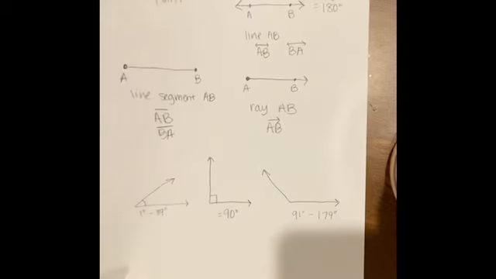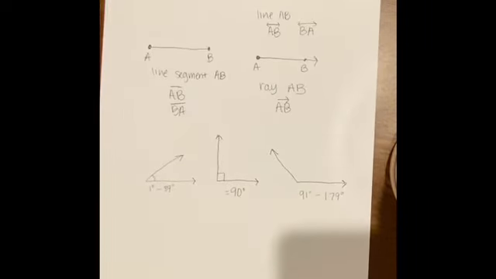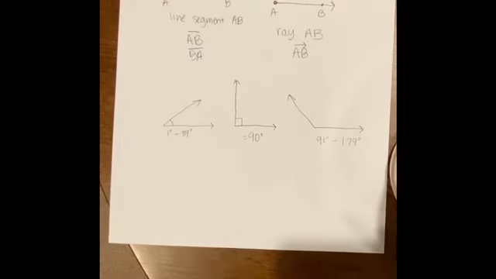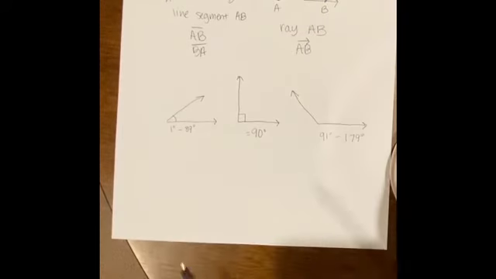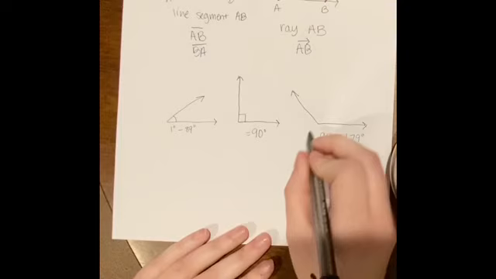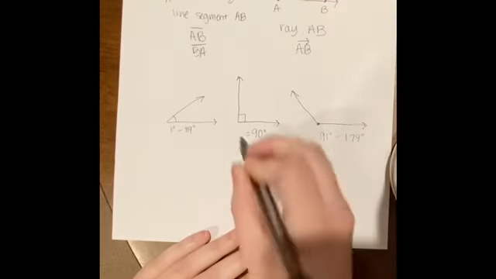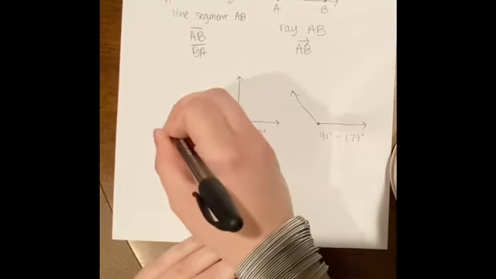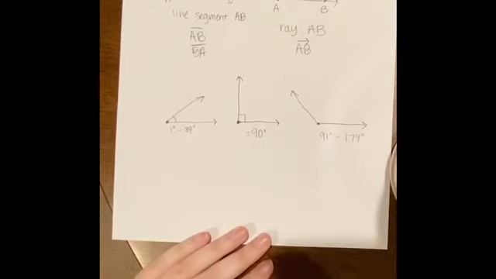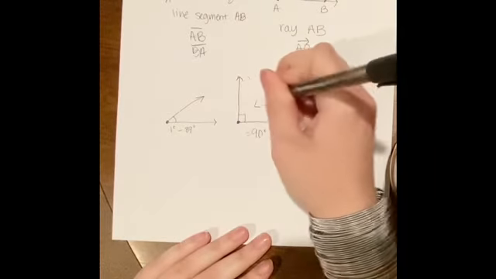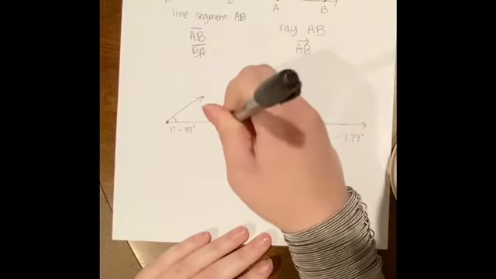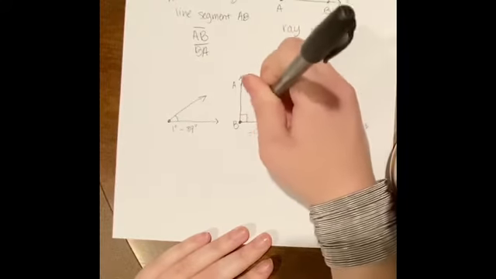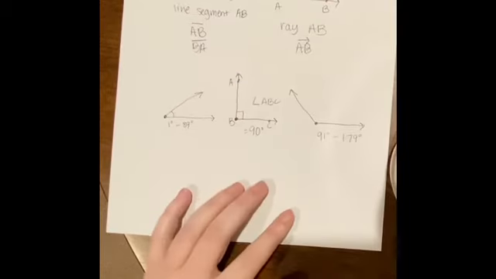So we see these angles in shapes. And you also name and label angles, kind of like you do lines. You name it by their vertex, where they meet. And so it would be like angle A, B, C.